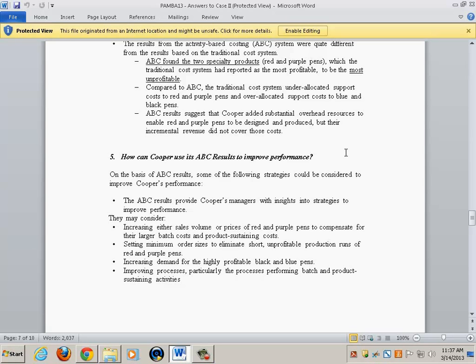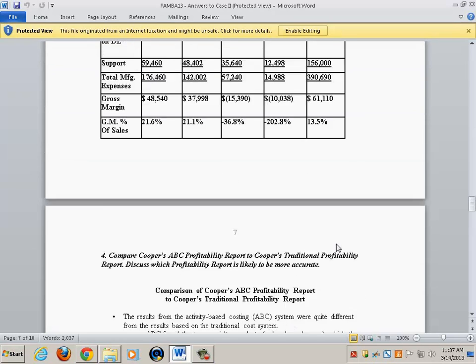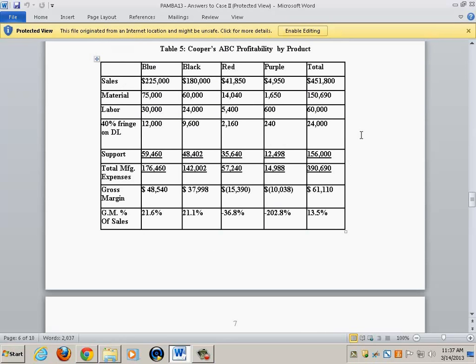So how can we use this for decisions? One important decision is a product decision. So any thoughts about what the different strategic options are?